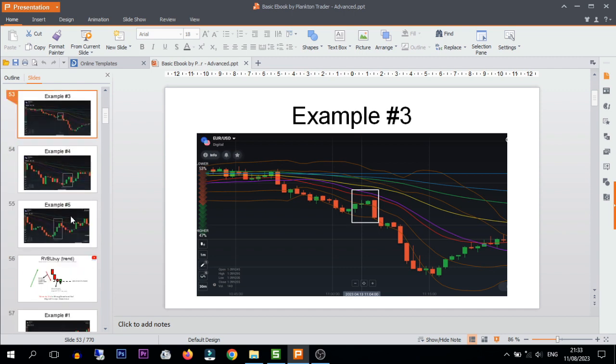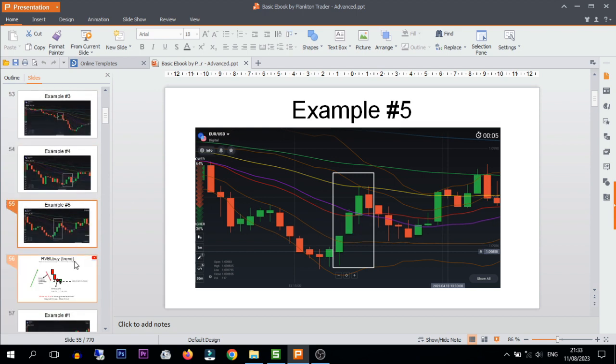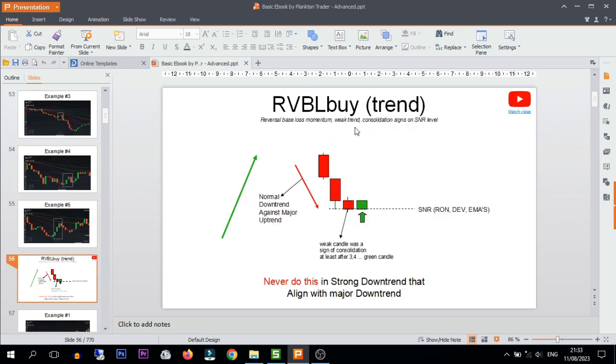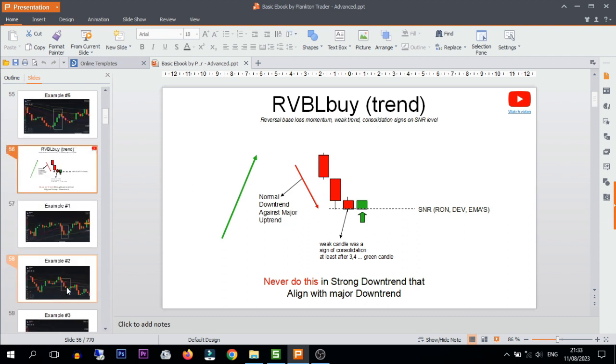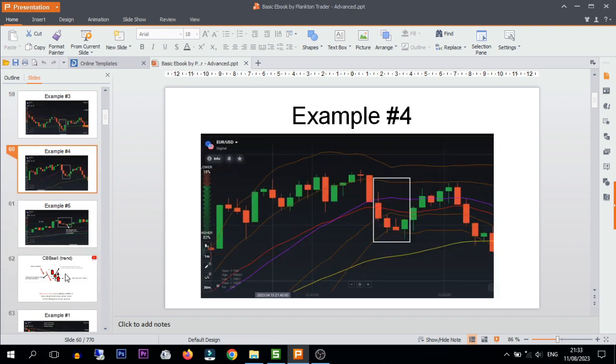Because you have to get the minor trend. And the concept of RVBL buy is that you have to get a minor downtrend and a major uptrend. Most probably this will work nicely. I explain an example here.